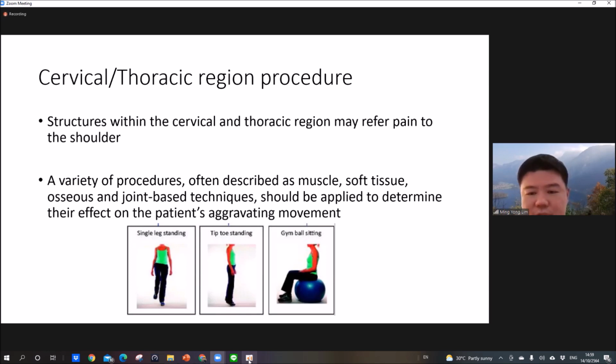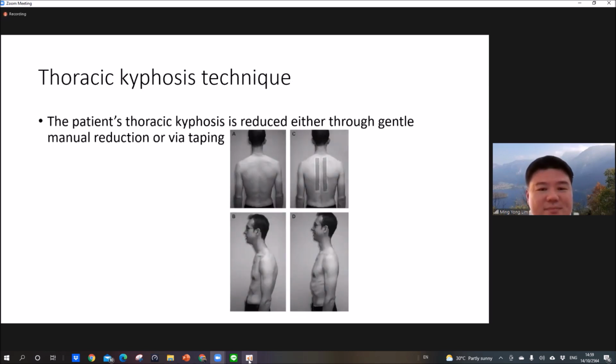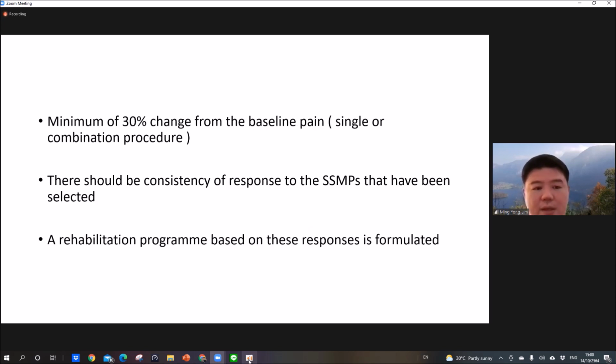So a variety of procedures are applied to determine the effect on the aggravating movement. They suggest doing the aggravating movement in single leg standing, tiptoe standing, and gym ball sitting. For the thoracic kyphosis technique, they use taping to reduce the kyphosis and ask the patient to perform the aggravating movement.